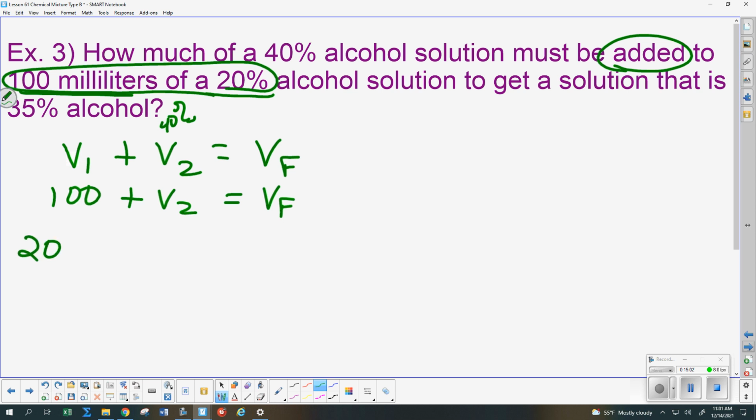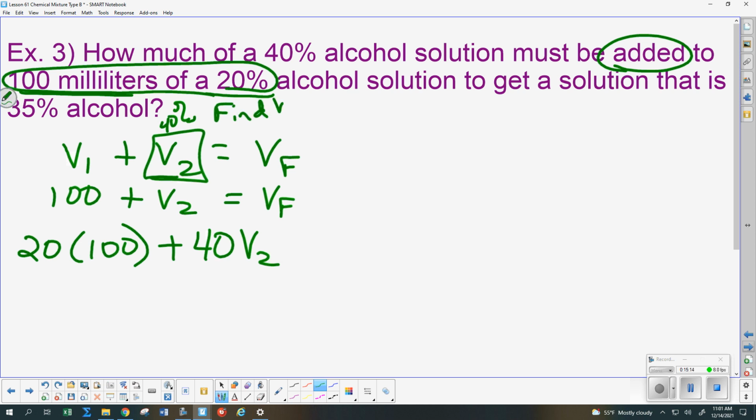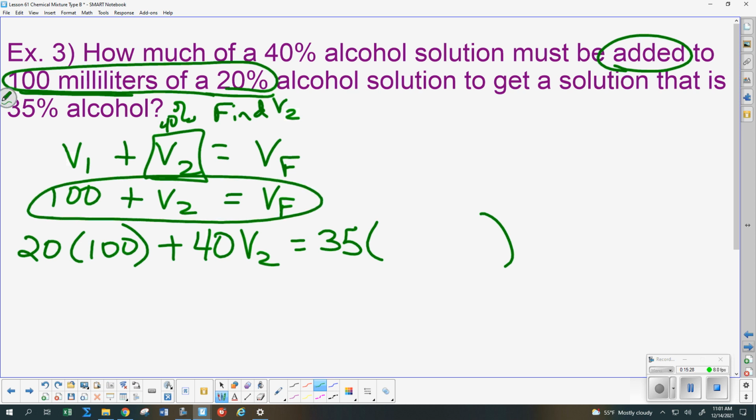So the 100 has to be multiplied by the 20%. Then what I am adding is a 40%, and V2 is what I need to find because V2 is my 40% solution. And then I want my final solution to be 35%. But instead of writing VF, I'm going to substitute 100 plus V2 in there.